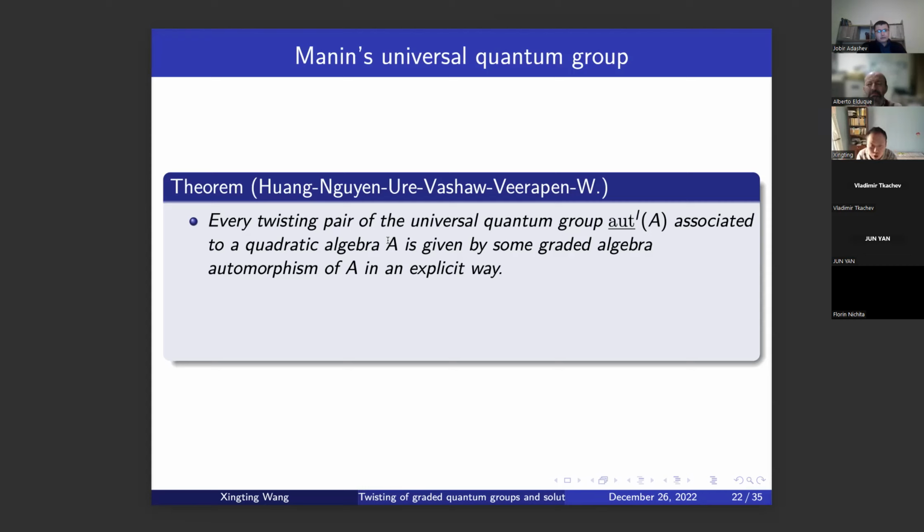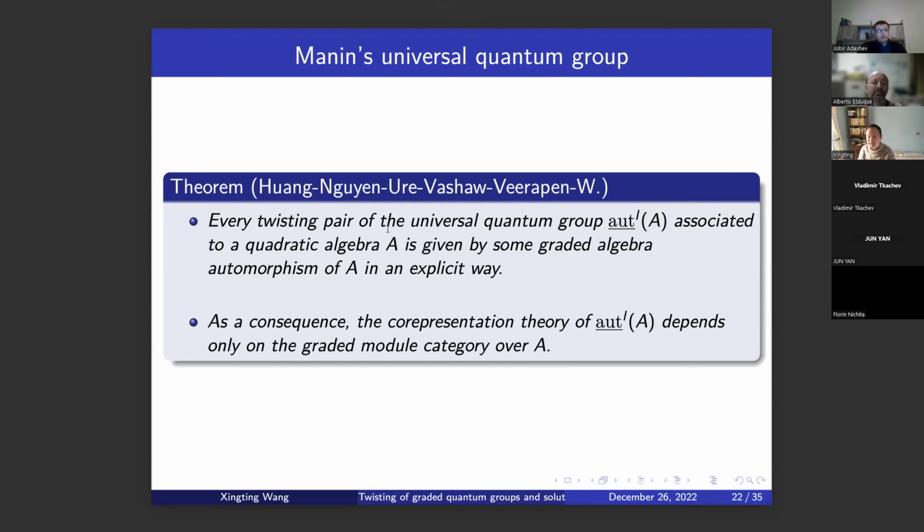If you give me a graded automorphism of A, we can lift it up to the universal quantum group of A, and the reverse holds as well. As a consequence, we show that the co-representations of this will only depend on the graded module category of A.